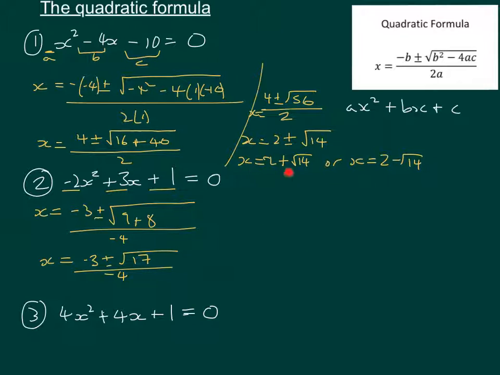So we'll have, again, x equals minus 3 plus root 17 over minus 4, or x equals minus 3 minus root 17 over minus 4. So both of those will give us two solutions.